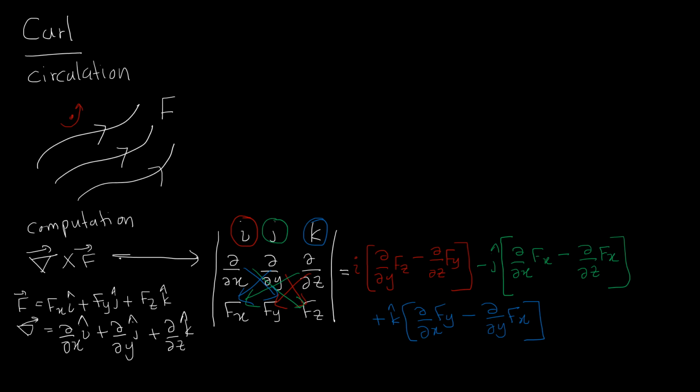Now we will look at the physical significance: how do we show that Nabla cross F actually gives the curl, or the circulation, of the vector field. So let's consider a vector field in two dimensions.